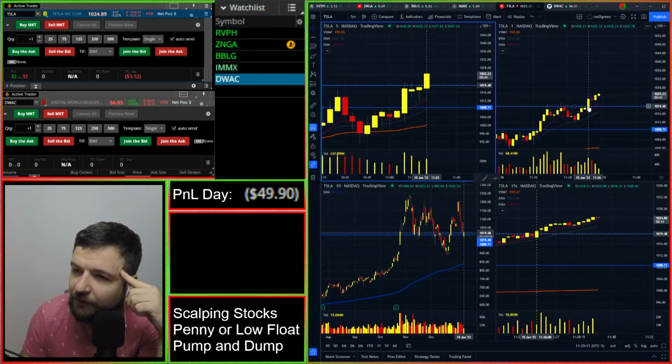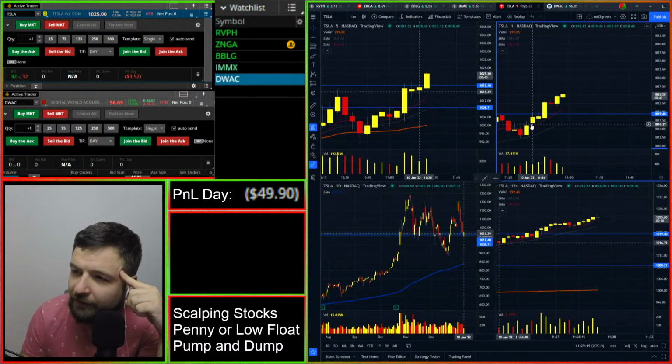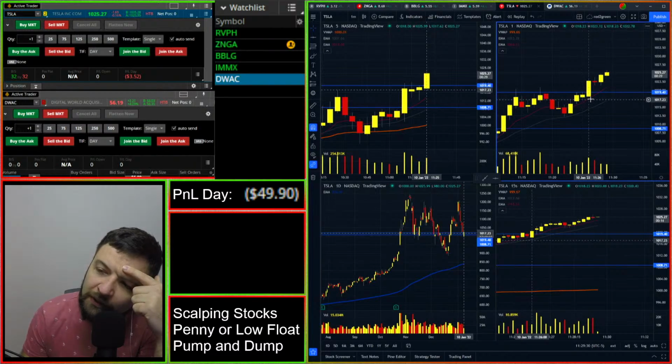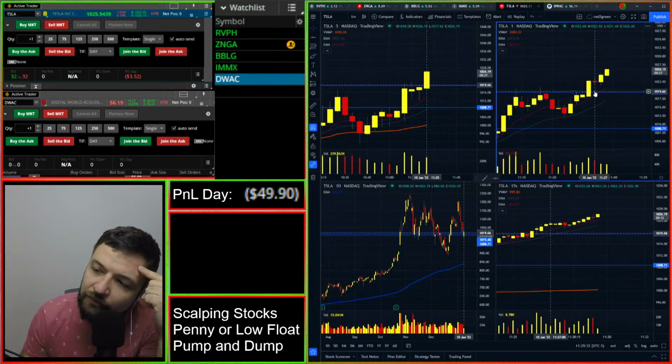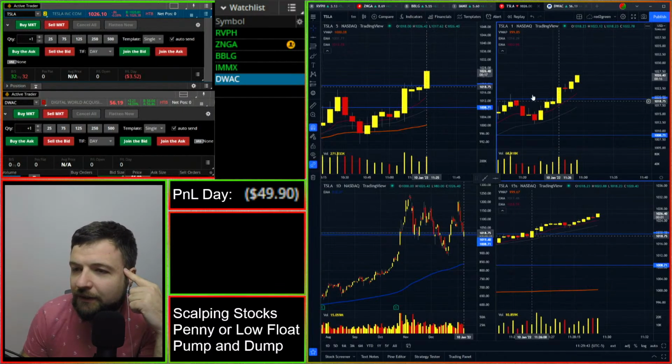The break was here, and it looks like it did break into 75, so 40, so 35 cents. But then it flushed down to $2 before it actually went. So $2 flushes on Tesla, that's nothing.